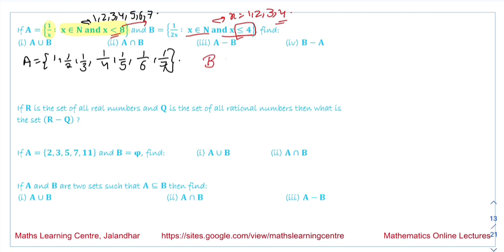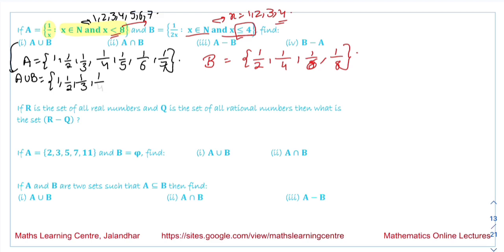So the set B that we will have is equal to 1 by 2, then 1 by 4, then 1 by 6, then 1 by 8. Now we have to calculate A union B. The answer for A union B will be equal to 1, 1 by 2, 1 by 3, 1 by 4, 1 by 5, 1 by 6, 1 by 7 and 1 by 8.